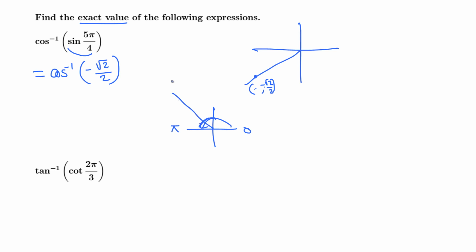So find the angle where the x coordinate, because cosine means x coordinate, is negative root 2 over 2. If you look closely here, negative root 2 over 2 will be for 3 pi over 4. Okay, the first coordinate negative root 2 over 2 is at 3 pi over 4. So this is 3 pi over 4.